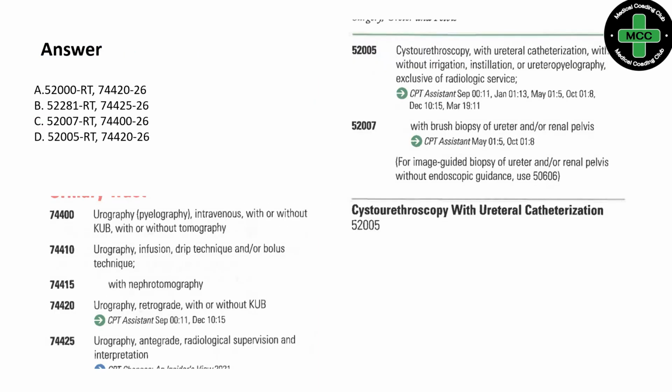Coming to the options, you can easily eliminate option A and option B because these two are irrelevant to the procedure, and you should have a confusion between option C and option D. Let's review the descriptions. 52005 says cystourethroscopy with ureteral catheterization, with or without irrigation, instillation, or ureteropyelography, exclusive of radiologic service.